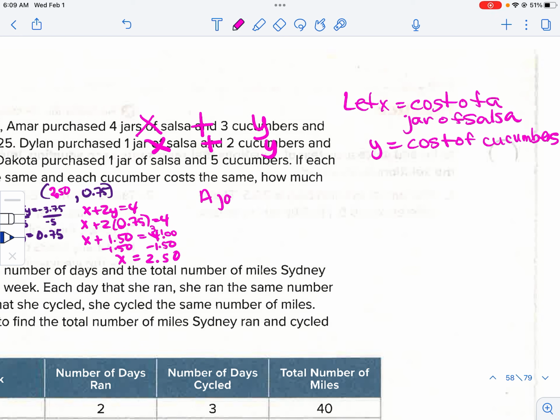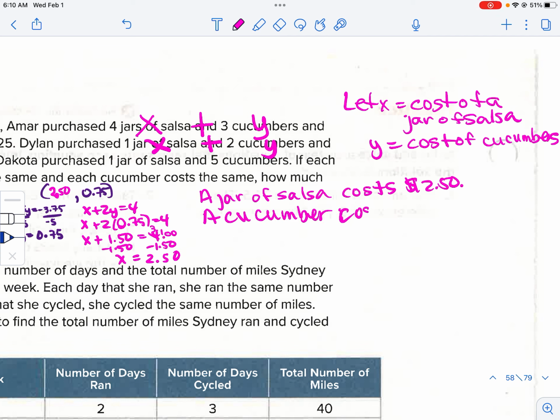A jar of salsa costs $2.50. This is not what it's asking for, though. A cucumber, I like how I don't know how to spell cucumber today, costs 75 cents.